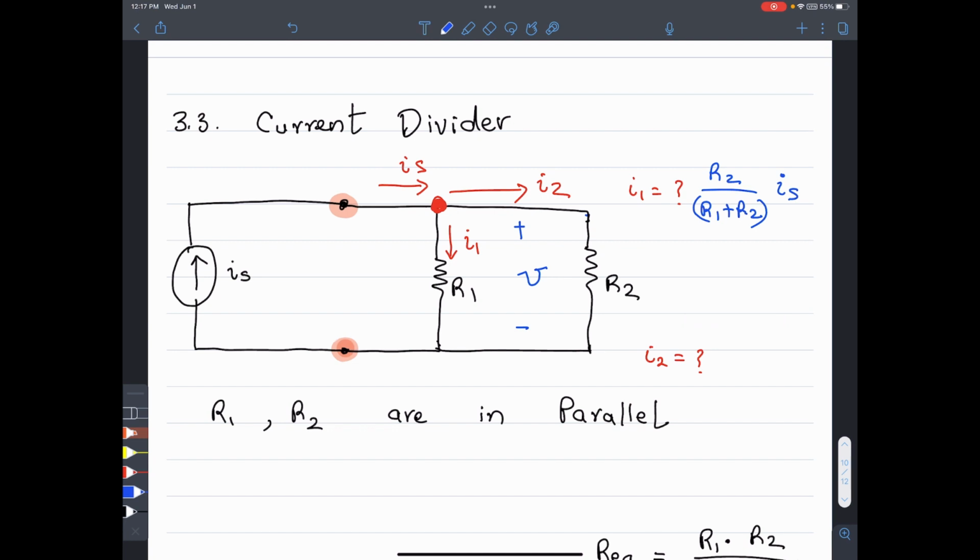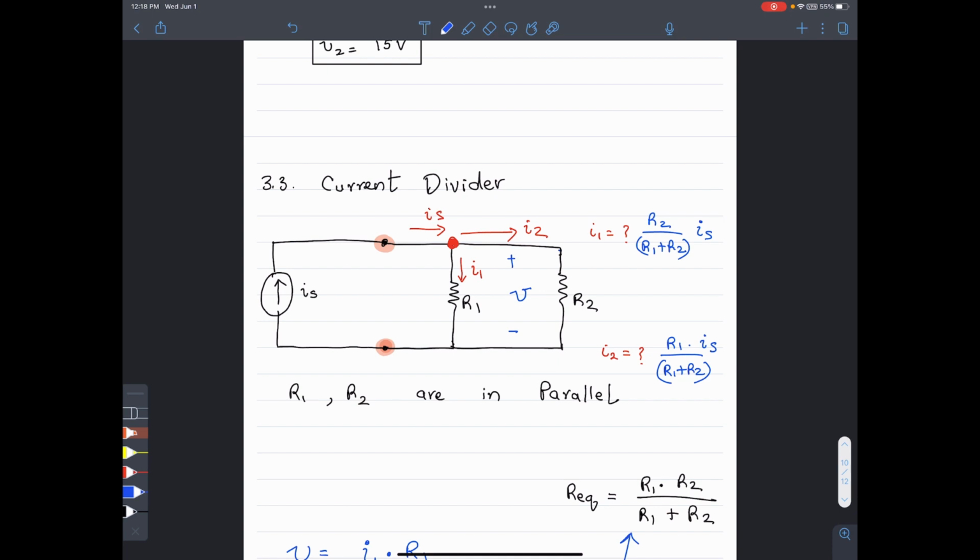Similarly, I2 is R1 by R1 plus R2 times Is. So that's the idea. The total current Is is divided between R1 and R2.